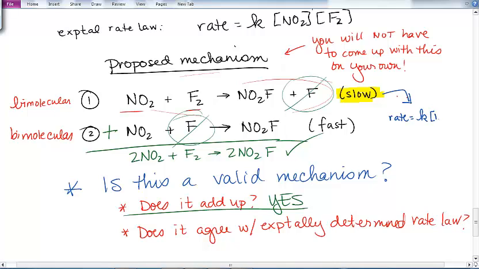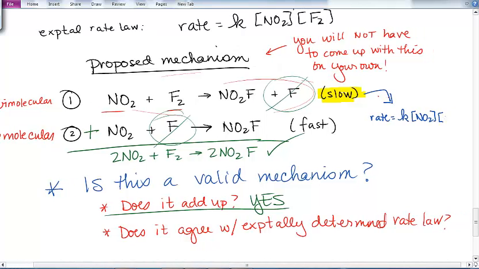Rate is equal to the concentration of NO2 times the concentration of fluorine. And that part where it says it can be written directly from its molecularity means that the fact that this is one NO2 and one F, that absolutely tells me that the powers are one for NO2 and one for F.